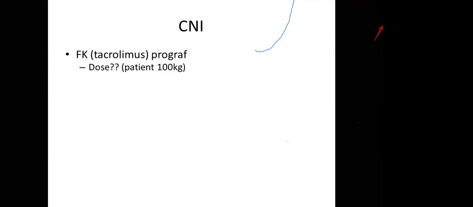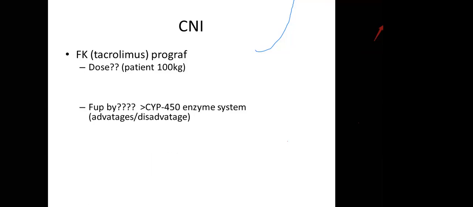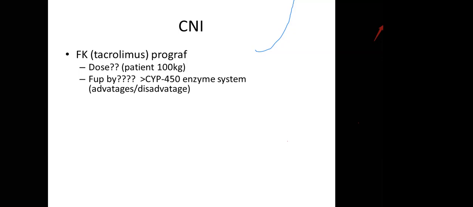If we give induction and have safety from rejection by ATG or Simulect, we just give 10 capsules. At the end, these drugs have a narrow therapeutic index, and we need to do follow-up.